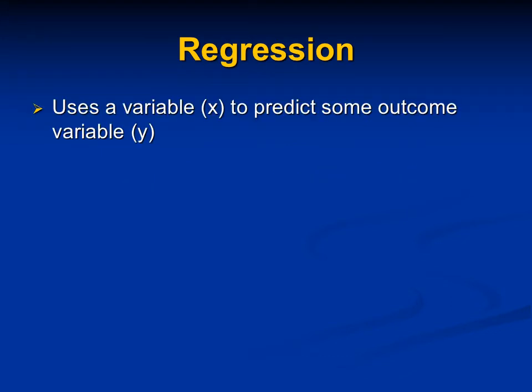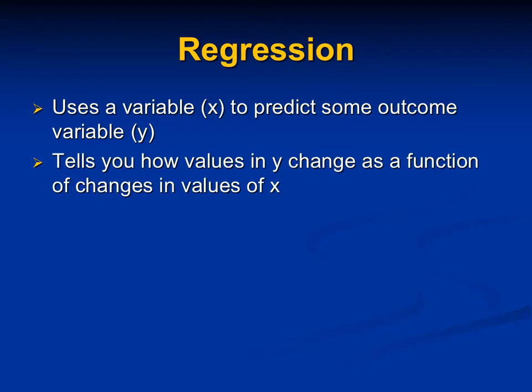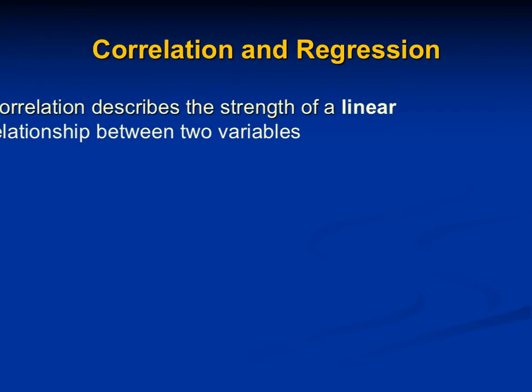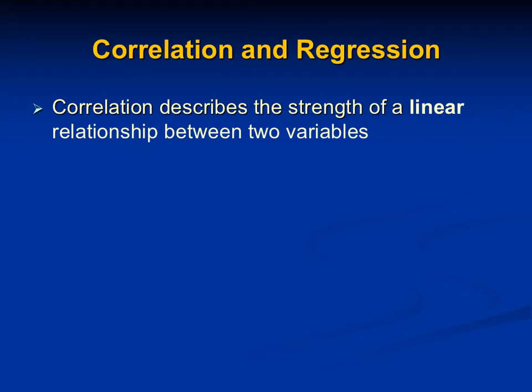So it uses a variable X to predict some outcome, or variable Y. It tells you how values in Y change as a function of changes in values of X. So correlation and regression. Correlation describes the strength of a linear relationship between two variables.